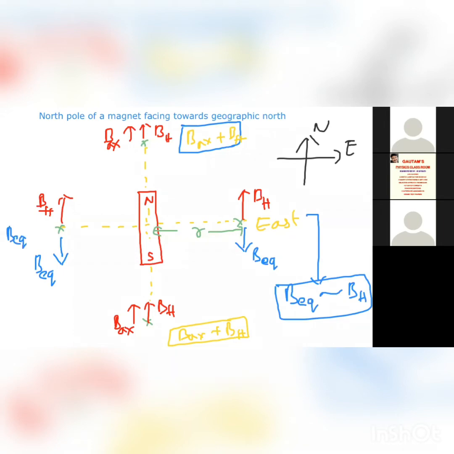So we get B equatorial minus BH on the equatorial line.